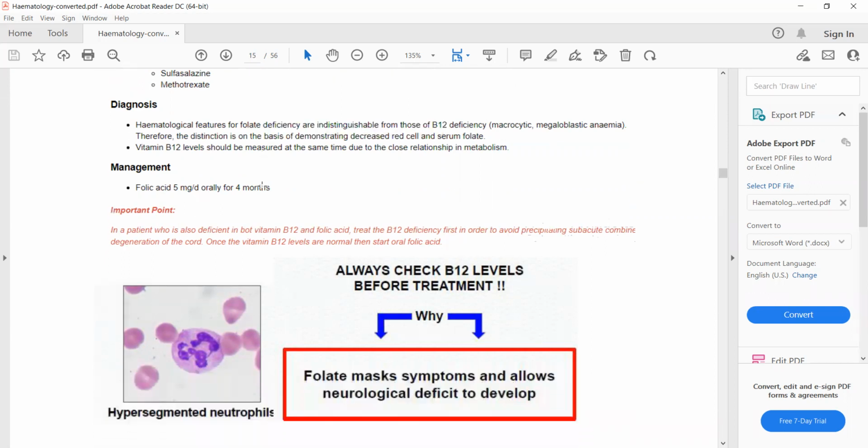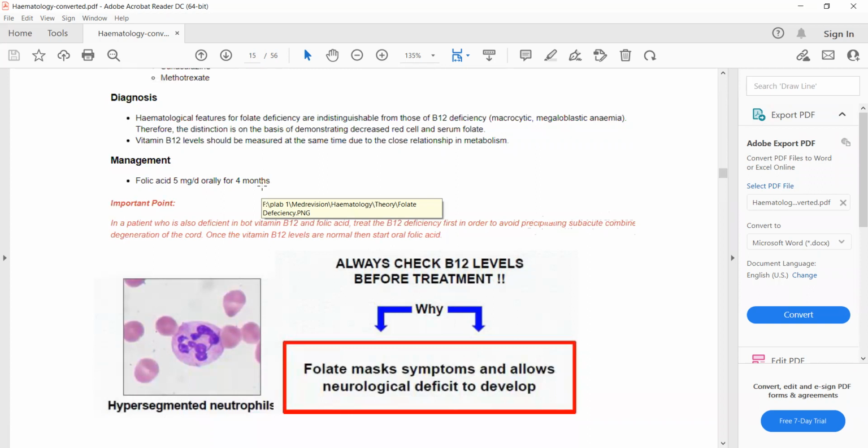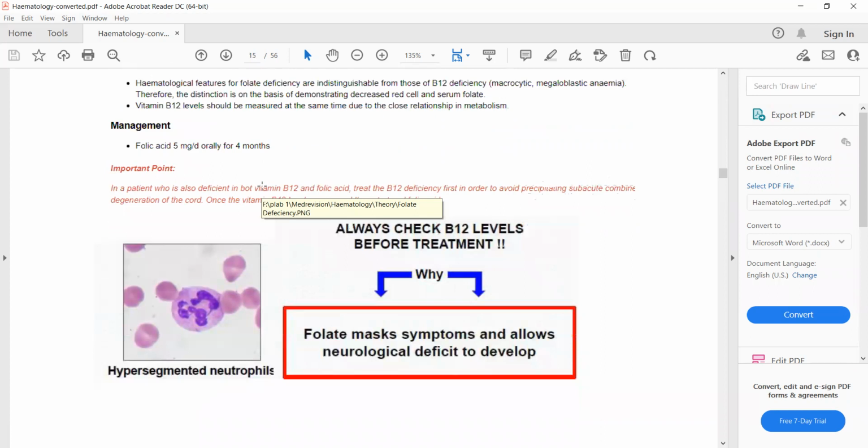The management of folic acid deficiency or folate deficiency is 5 milligrams of folic acid orally for 4 months. An important point that you need to remember about folic acid and B12 deficiency is that if someone presents to you with deficiency of both vitamin B12 and folic acid, then you will always treat B12 deficiency first, because if you use folate first, it will mask the symptoms and allow neurological deficit to develop.